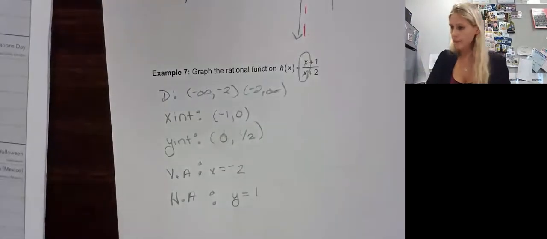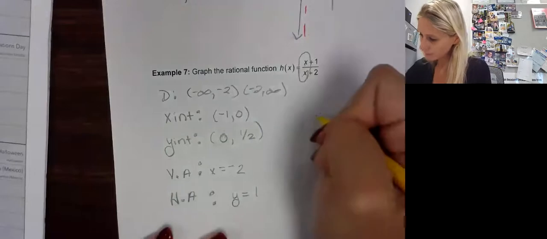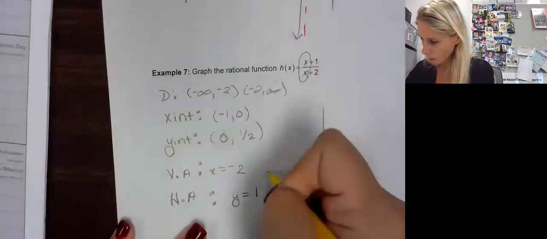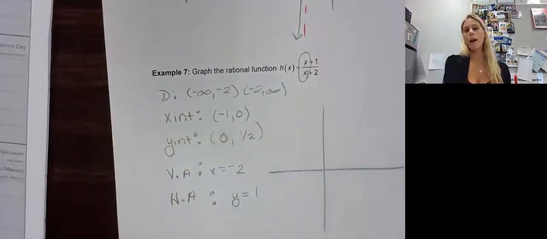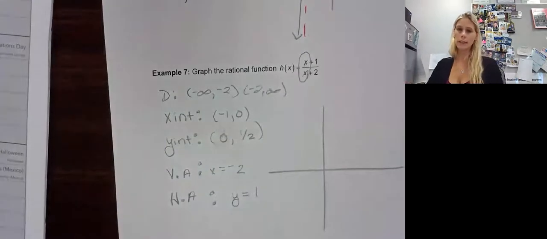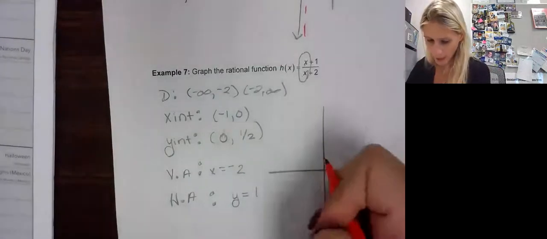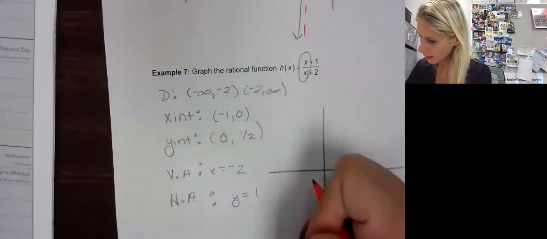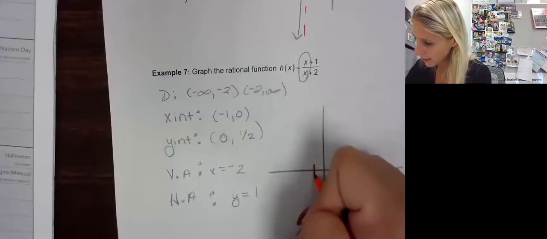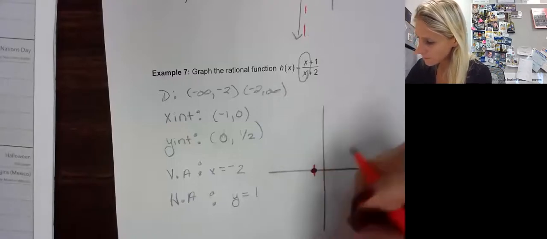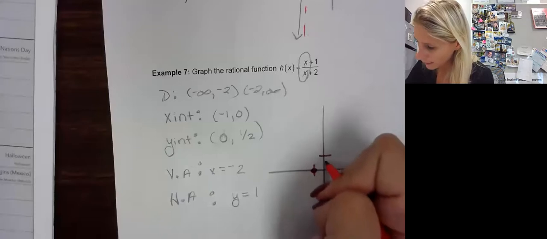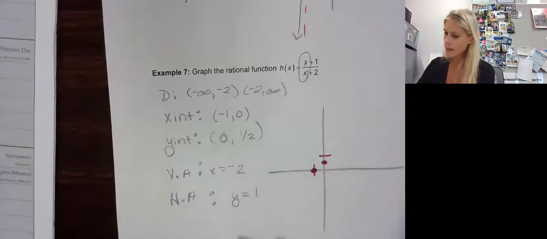All right. Let's do this. X and y. Again, I'm going to graph my intercepts and my asymptotes first. Then I got to judge where it belongs. So we have a x-intercept at -1, 0. We have a y-intercept at 1/2.